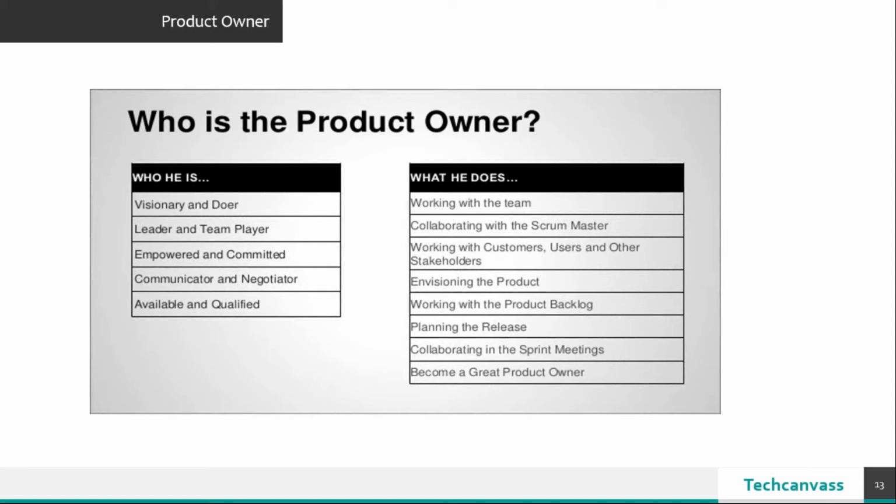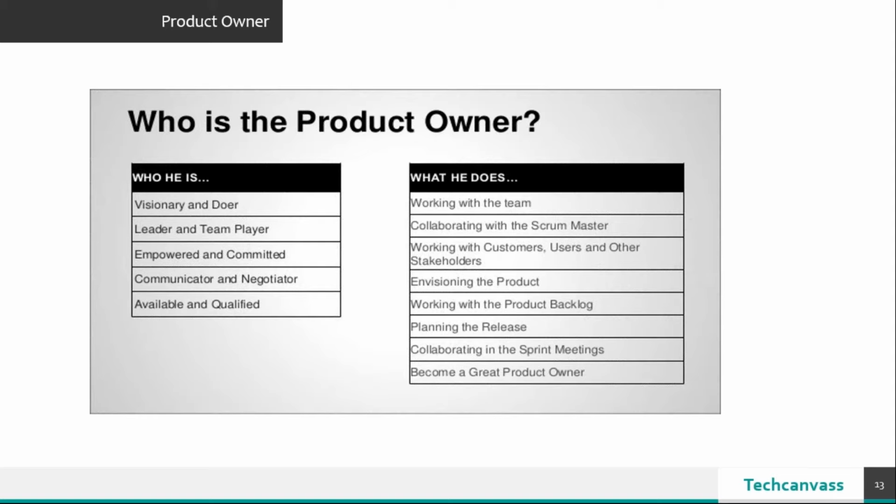He or she decides which features should go into that product, when to launch a particular feature into the market, and how it is going to capture the customers, the end users. This is the kind of mindset a product owner should have.